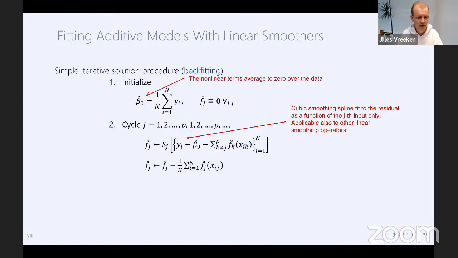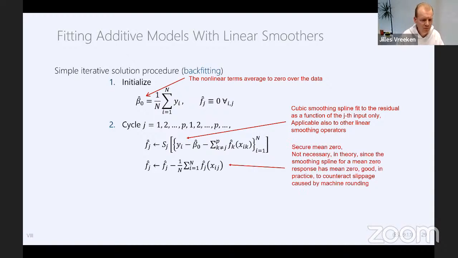Then next up, we determine the average of function j over all points. We subtract it, and there we are. This balances things out. Why is this balancing necessary? Because we want each of these functions to adjust based on this overall average. If a function starts to become non-zero mean, then the other functions need to compensate for it.